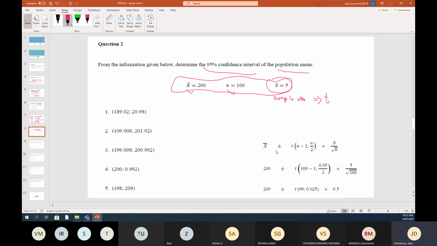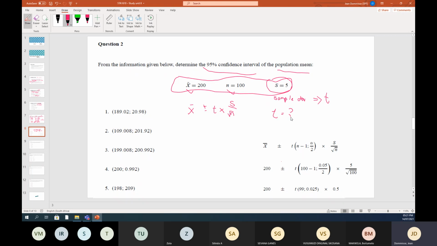I have now written down the T formula here, but what I normally do is to say X, I don't write all of that down. So I just say plus minus T times your S divided by square root of N, but we need to work out that T.